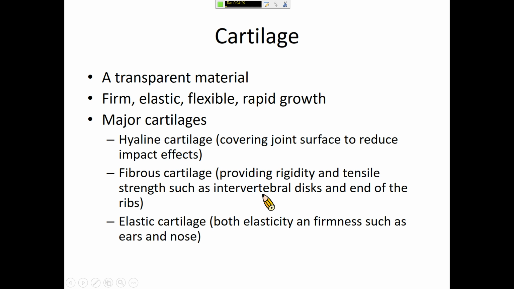There's also something called elastic cartilage. Okay, they are both elastic and also firm, such as something in your ears and nose. In your ears and nose, there's also very tiny cartilage.